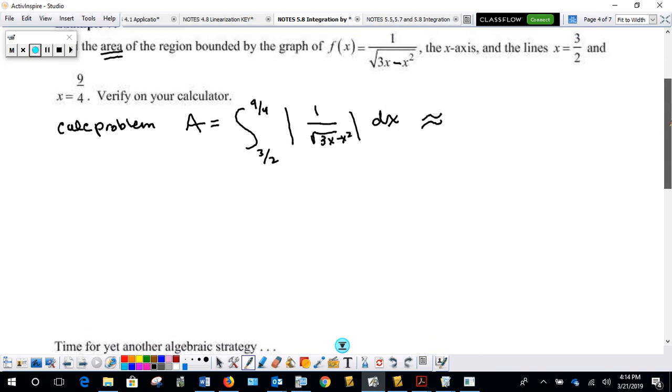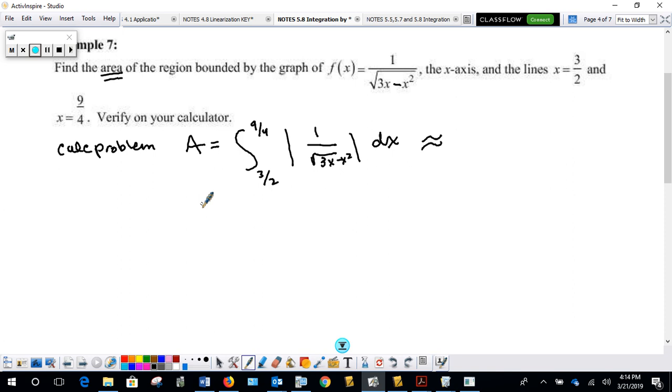If it is not a calculator problem, then what we need to do is sketch this and make sure that our area is always positive. Now, a little bit of knowledge here is that this square root is going to be a positive number because it's a principal square root.